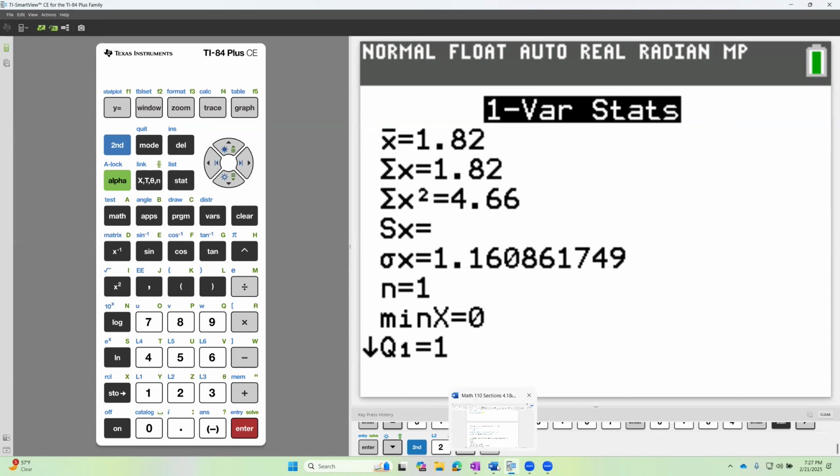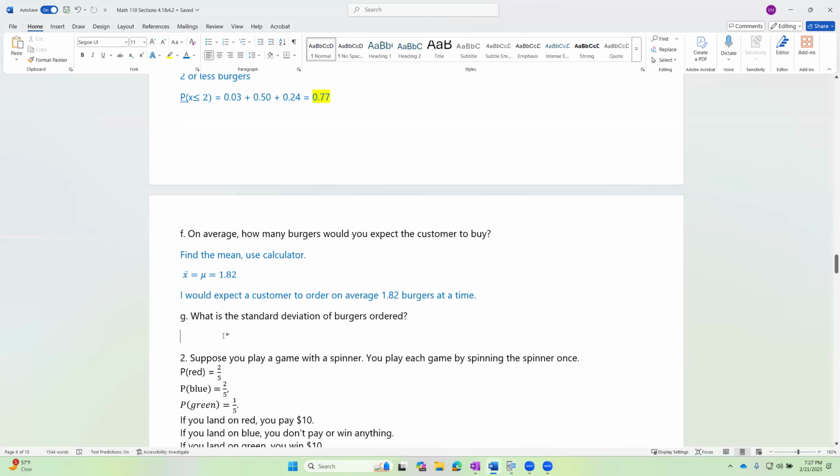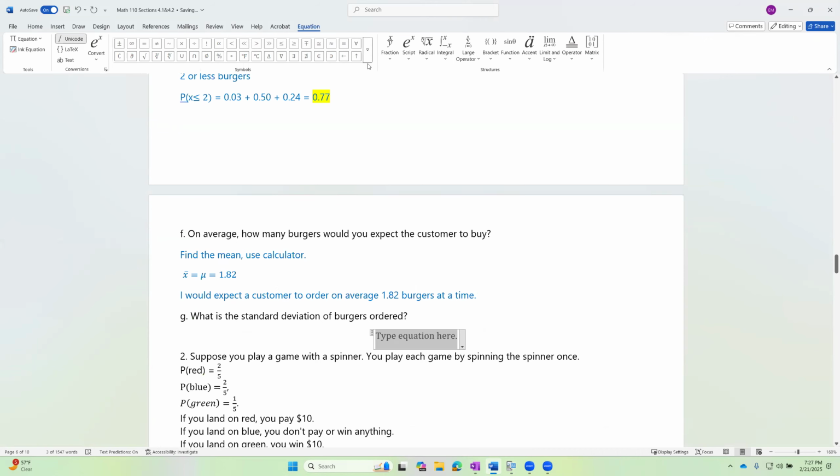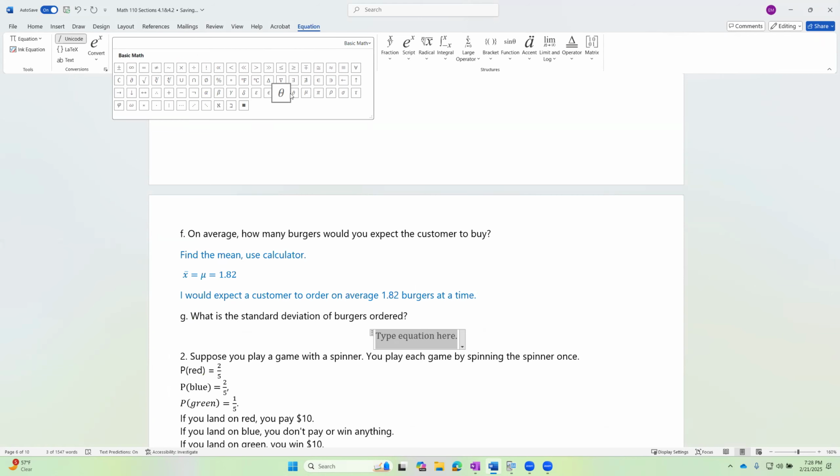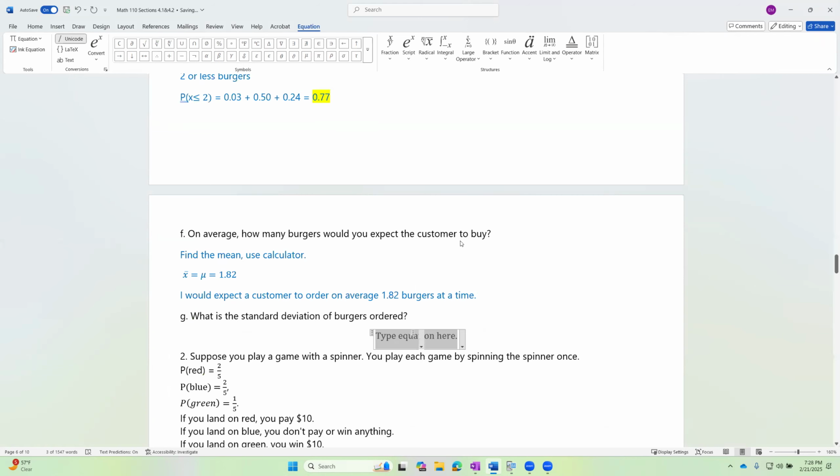Let's go ahead and type that in. Back to the Greek letters. Remember, it's sigma. So here is sigma, and that equals 1.16 for our standard deviation.